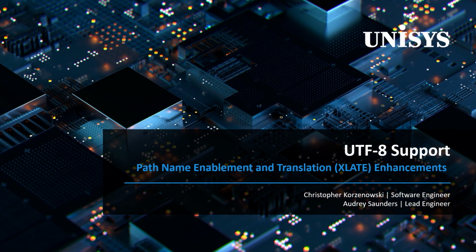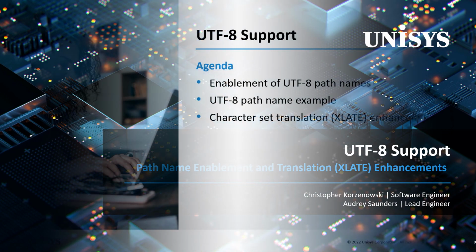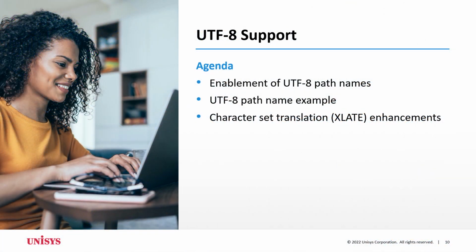Lastly, we'll discuss the UTF-8 support feature for path names and touch on XLate enhancements. UTF-8 is the dominant encoding for the World Wide Web. CIFS now supports UTF-8 path names and character set translation.